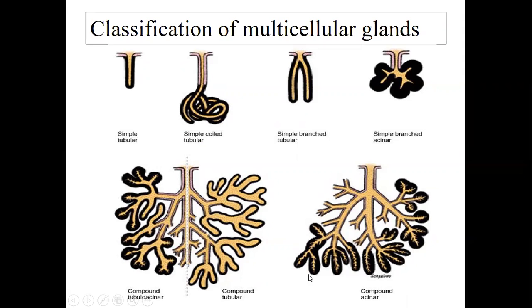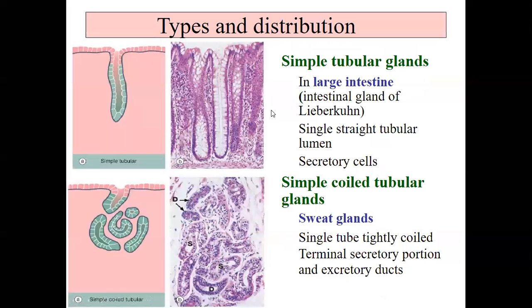Then we have the compound tubular, only a tubule, so we don't have acini. We have a tubule at the secretory portion here. And then we have the compound acinar, only acini at the secretory portion. That is how we divide. Okay, we start to discuss one by one.